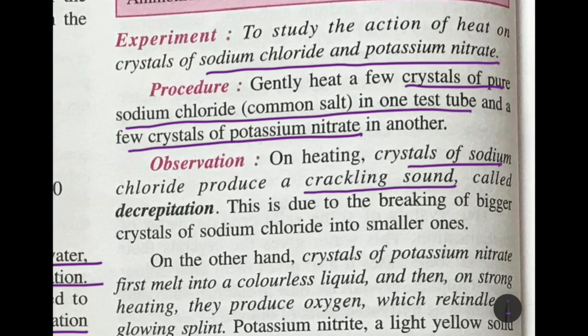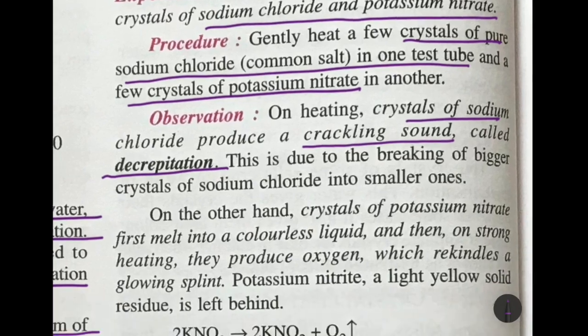Okay, and this crackling sound is known as decrepitation. Why do you hear this crackling sound? It is due to the breaking down of bigger crystals into smaller ones. Because of the heat, big crystals of sodium chloride will break down into smaller ones.